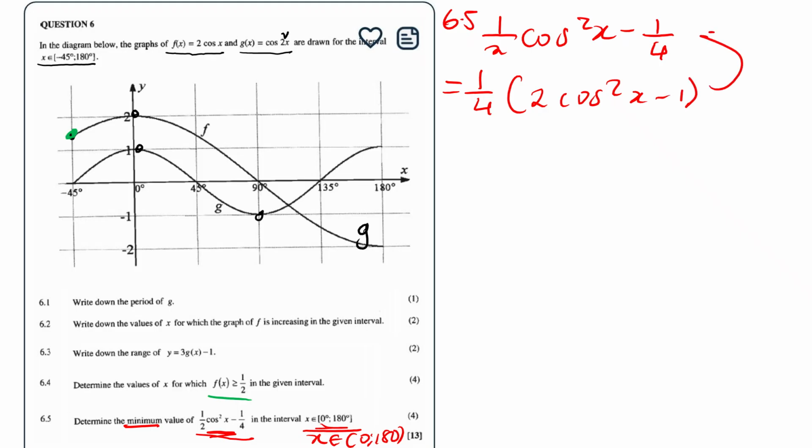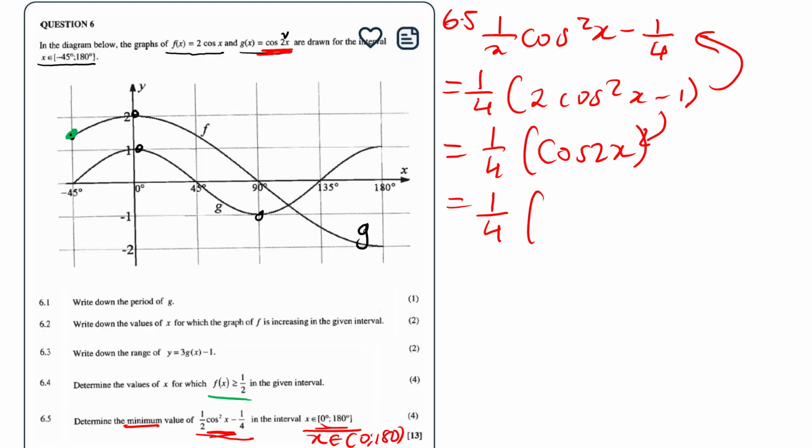This is a trig identity: we can write 2 cos squared x minus 1 as cos 2x. Very good.